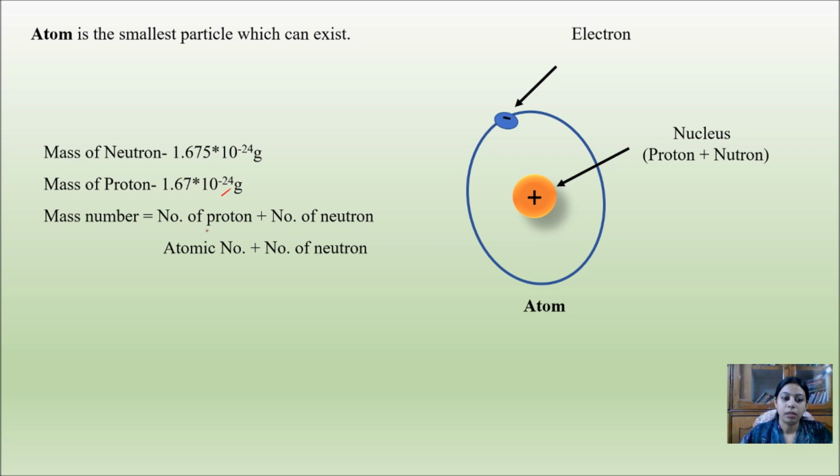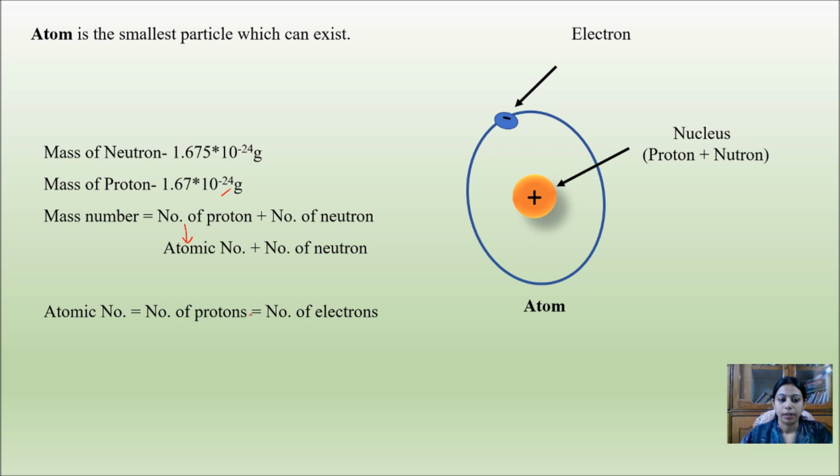Because of this, the number of protons is considered the atomic number of the atom, and the mass number can also be expressed as the atomic number plus the number of neutrons present in the atom.